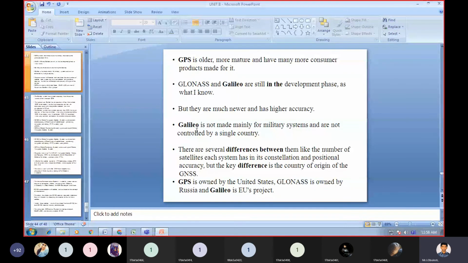There are several differences between them, like the number of satellites each system has in its constellation and positional accuracy. But the key difference is the country of origin. GPS is owned by the United States, GLONASS is owned by Russia, Galileo is the European Union's project.